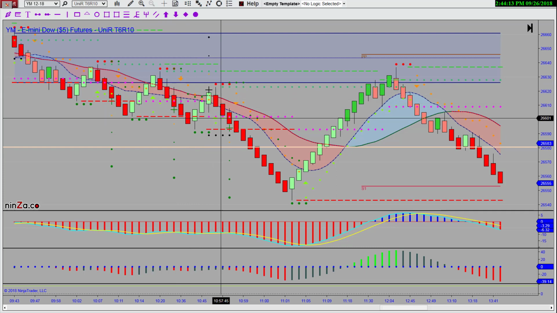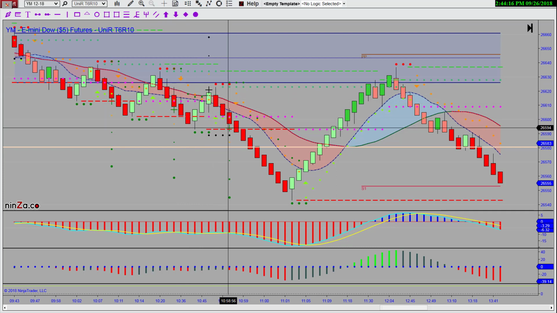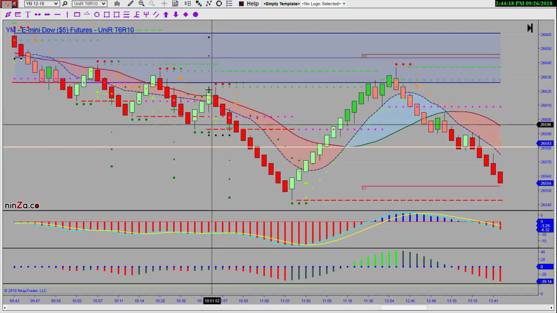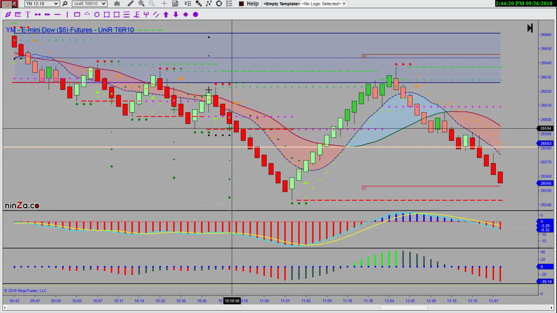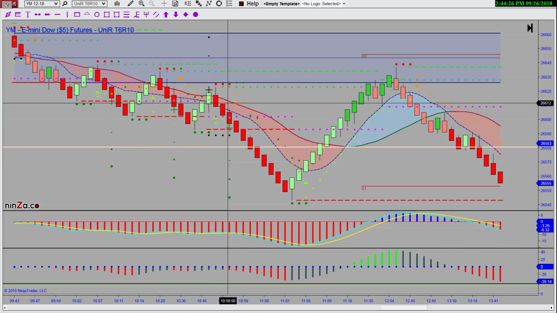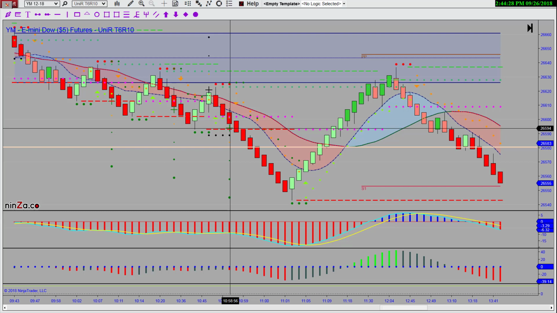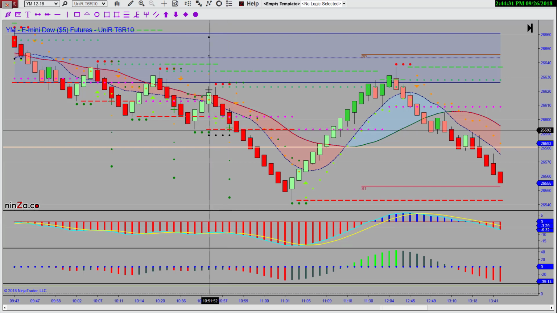And it came up with a short signal right here, which I kind of agreed with, at 11 o'clock. And it's in a downtrend. It crosses underneath a prior swing level from over here.